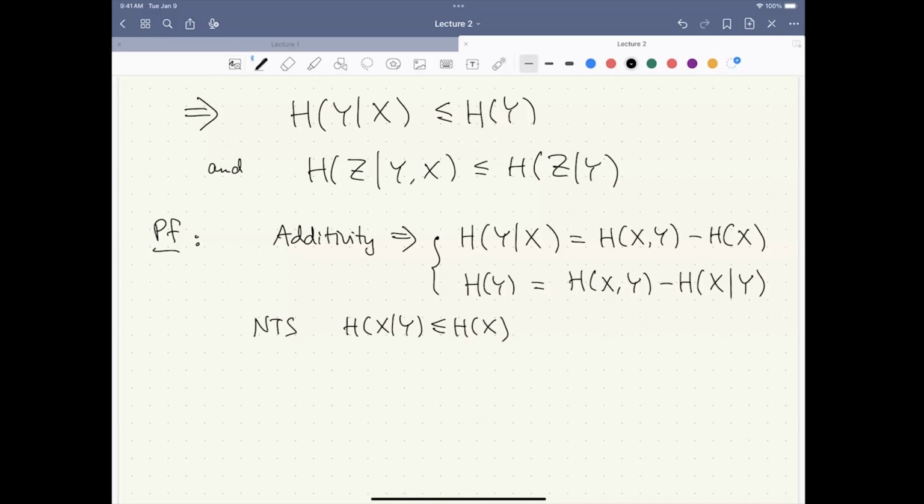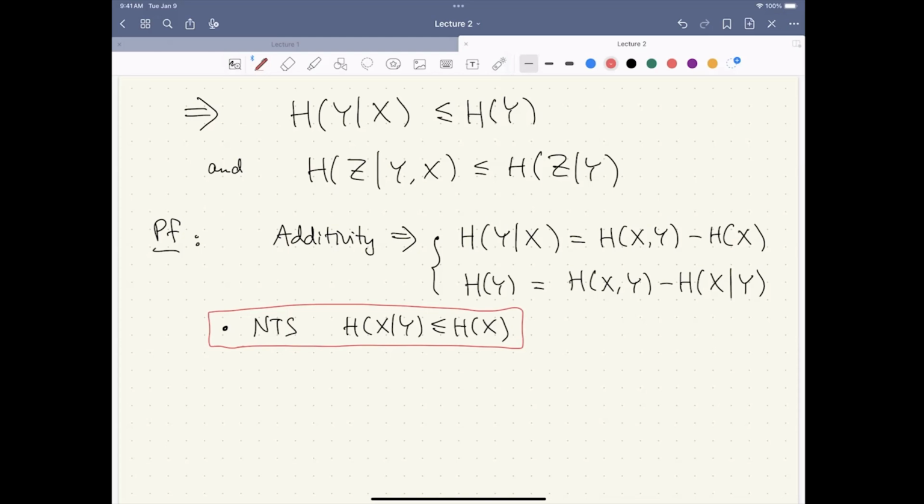So now our goal is to prove this. If we have this, we have what we need.